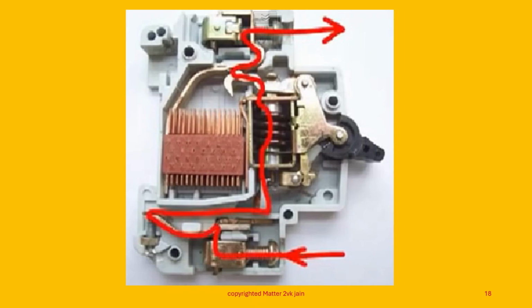Friends, this particular slide shows the path of current travel in the MCB. It is like this. This is the incoming terminal, and after taking this route, it is taken to this solenoid, and from the solenoid the current comes out like this.